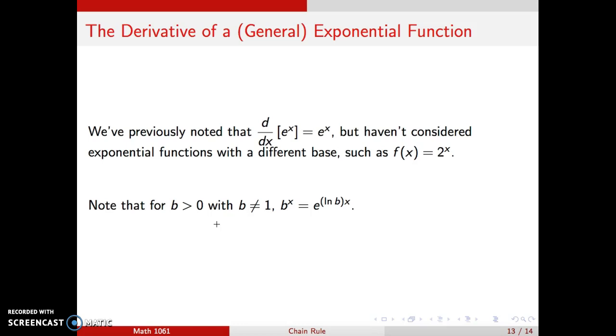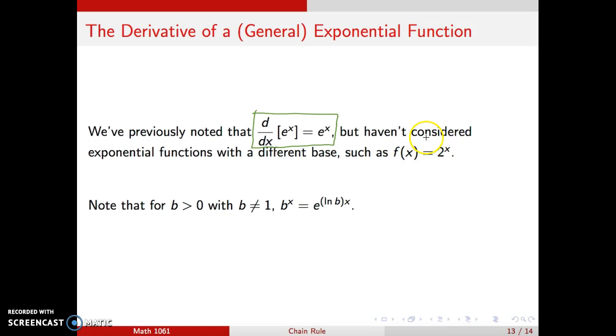The last thing to mention real quick is we get an extra rule out of this from the chain rule. So we previously have shown and used the derivative of e to the x is e to the x. And we say, well, what if we have an exponential function, but it's not the natural base e?